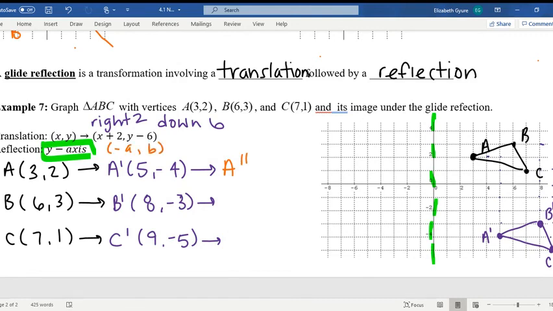Now, do you think I should take my original point or my new points? My new points, right? You're moving it and then reflecting it. So take your new point. You're going to make the x term opposite, the y term stays the same. So that's (-5, -4), which is the same thing you would get if you just flipped it over. So there's A double prime.